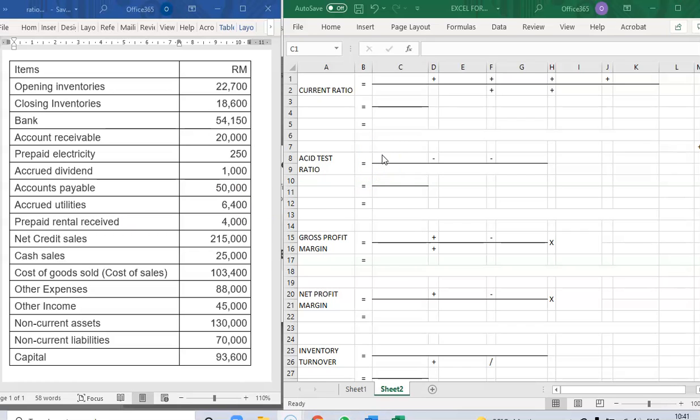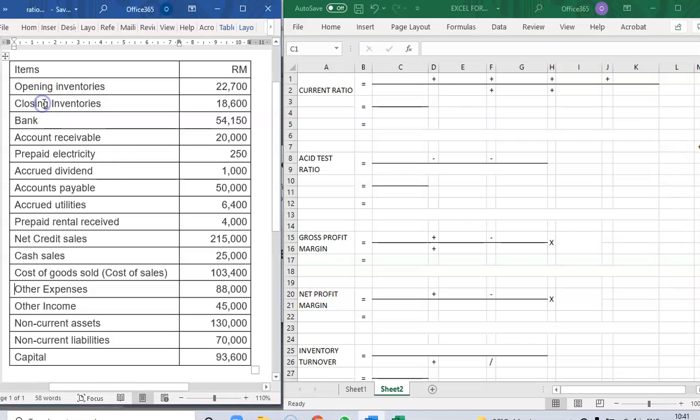The current ratio's formula, you must remember it, is total current asset divided by total current liability. So you need to extract the data from the data given to you. What are the items that belong to current asset and which ones belong to current liability? So let's have a look.